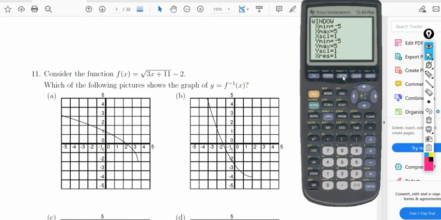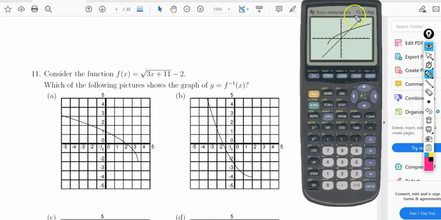And then I'm going to do a zoom 5 because I want this to be square. So let's see if it will. Here we go. Now, that's this function here. So let's get the line y equals x. And just press graph. So I want my inverse to be symmetric with respect to this line.